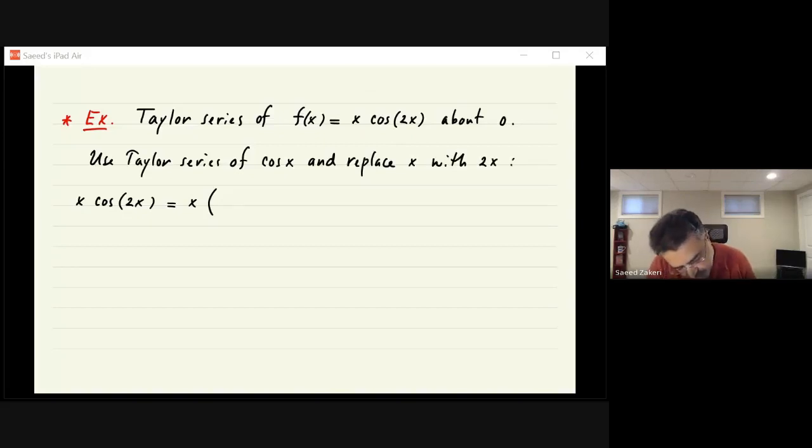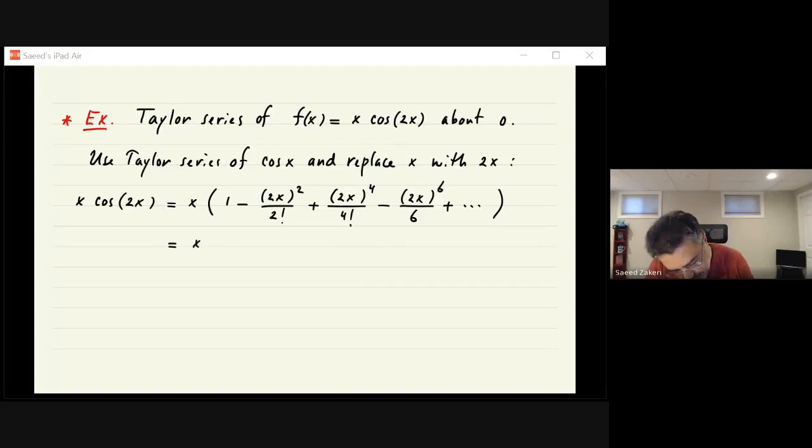So the Taylor series of cosine x starts like 1 minus x squared over 2 factorial plus x to the 4th over 4 factorial and so on. So this is going to be 1 minus (2x) squared over 2 factorial plus (2x) to the 4th over 4 factorial minus (2x) to the 6th over 6 factorial, etc., etc.